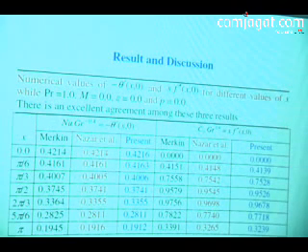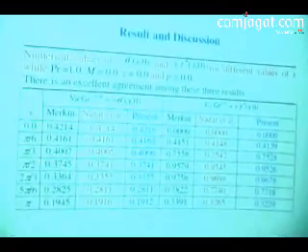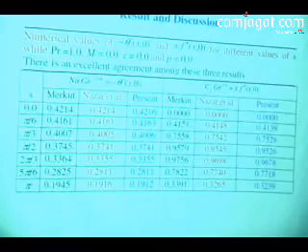First of all, we compare the present result with the previous result of Merkin and Nazar. This is the present result for the Nusselt number, and this is the present result for the skin friction. Comparing with Merkin and Nazar, we observe that there is an excellent agreement of the present results with the previous results.